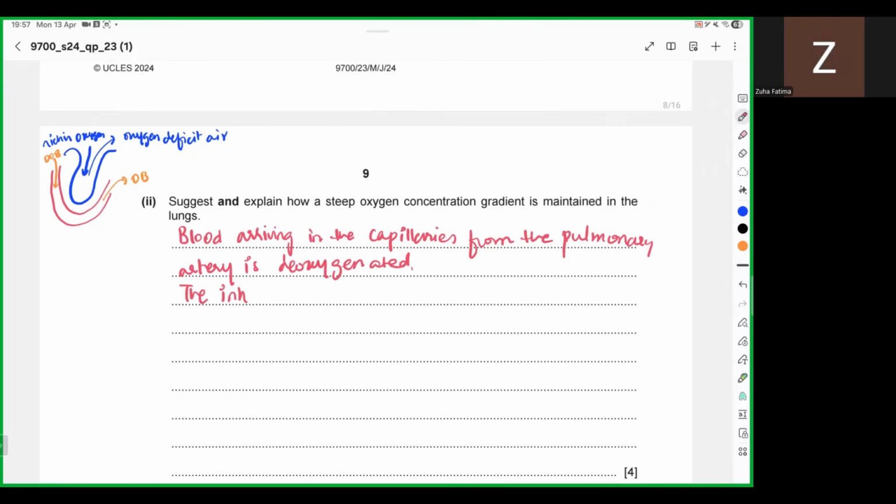The inhalation of air brings oxygen rich air in the alveolar space.